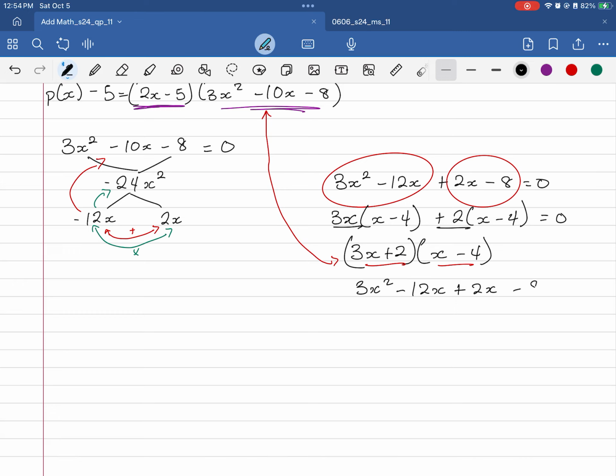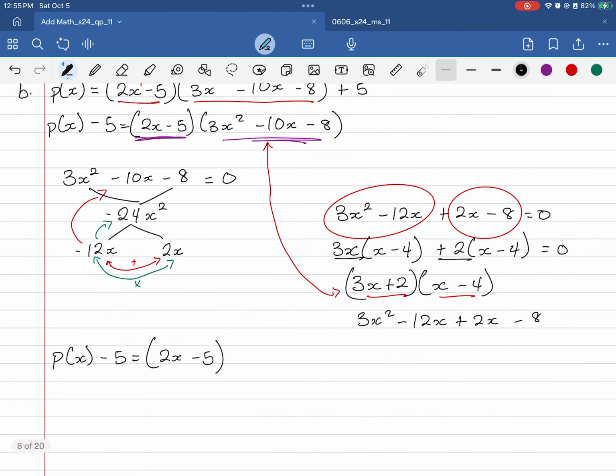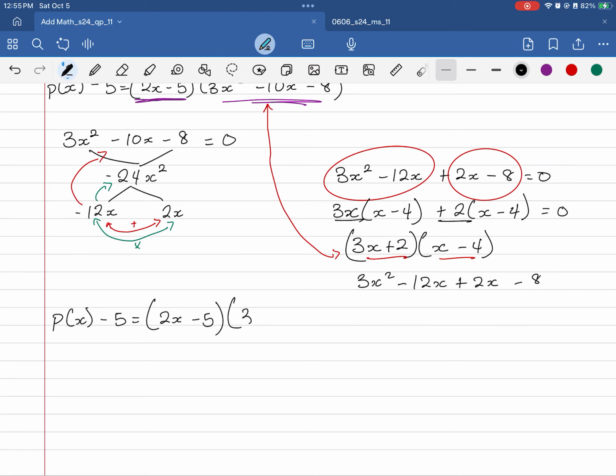So that's what we originally had. So therefore, the answer to your question would be px minus 5 equals 2x minus 5, and instead of writing 3x squared minus 10x minus 8, you write 3x plus 2 and x minus 4.